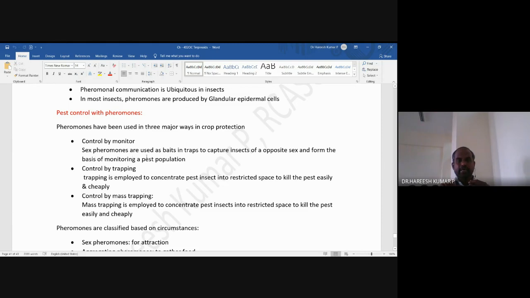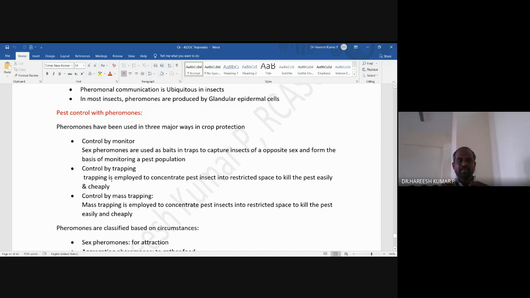Again here, the pheromones are used as baits. Okay, traps to capture the insects of the opposite sex and form the basis of monitoring a pest population. So this is control by monitoring and control by trapping. So trapping is employed to concentrate pest insects into a restricted space to kill the pest easily and cheaply.